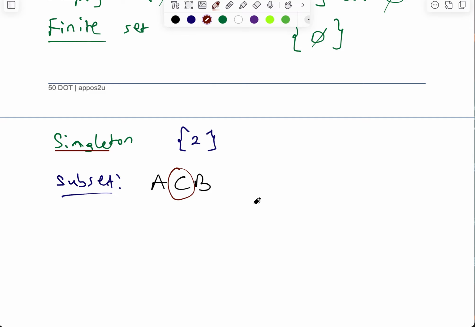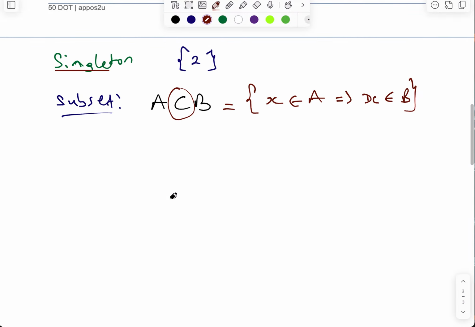We say A is a subset of B if it happens that x belongs to A implies that x belongs to B. Meaning that anything that belongs to A will definitely belong to B. So in that situation, we say A is a subset of B.